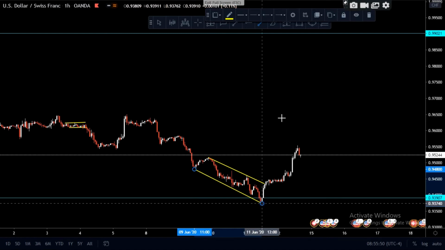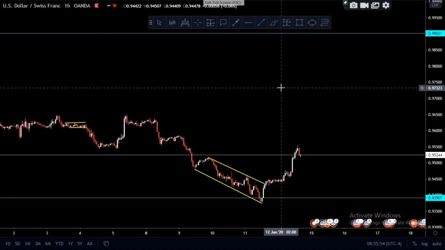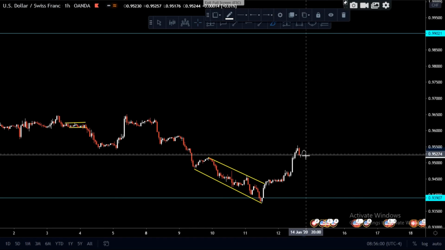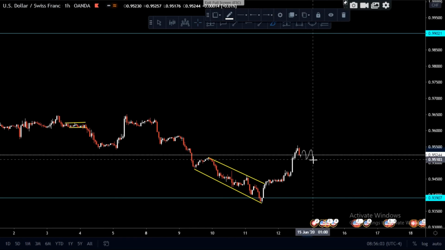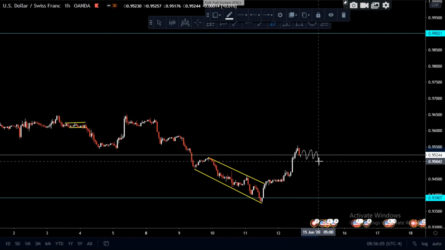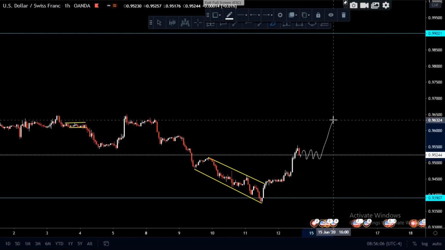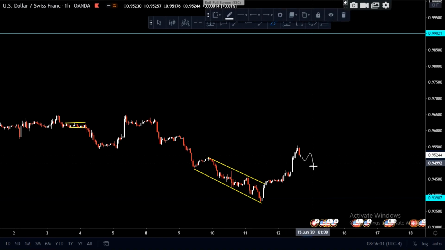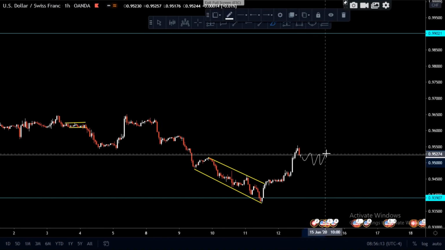So here we'll be looking for the first correction to continue with it to the upside. If we have something of this nature, we will still be looking to capitalize. Or if price just gives us something of this nature, still a beautiful correction, we'll be looking to capitalize.